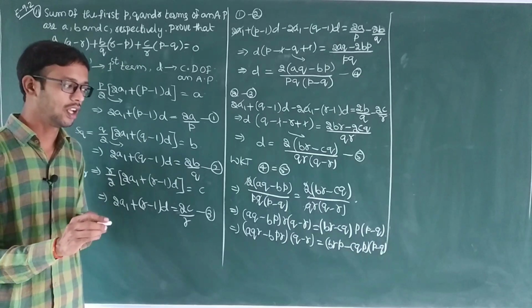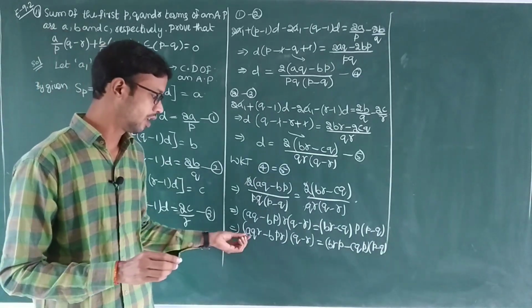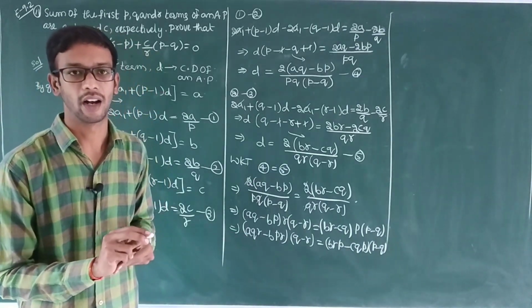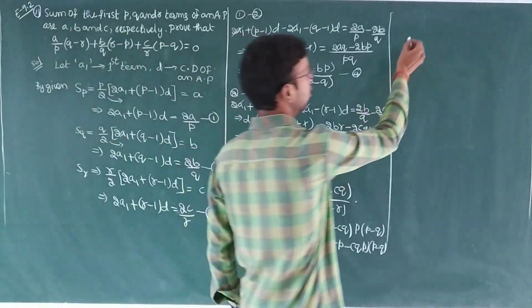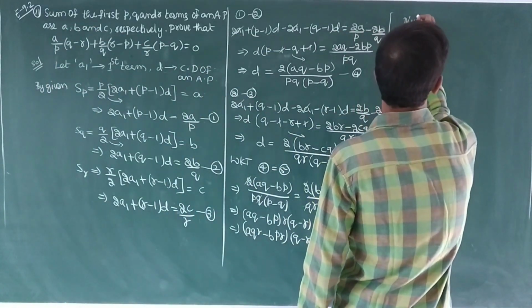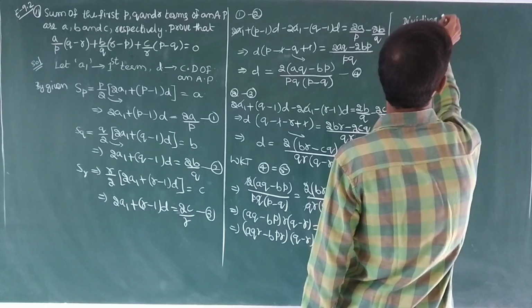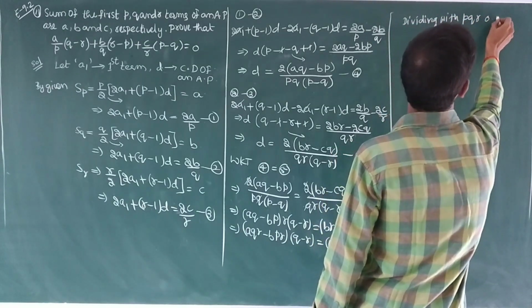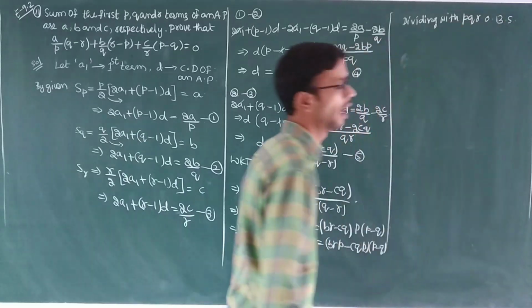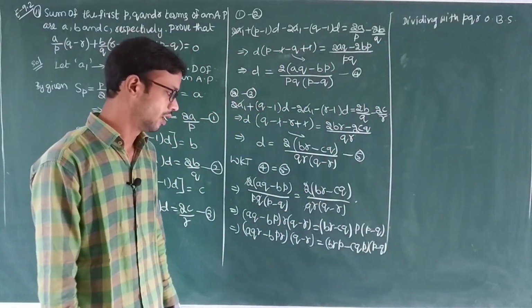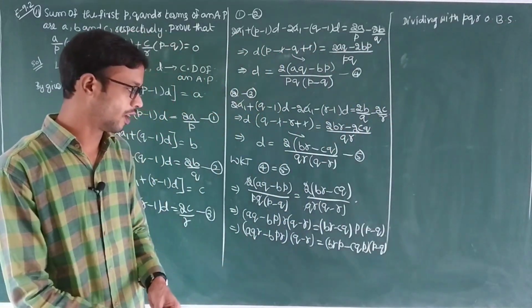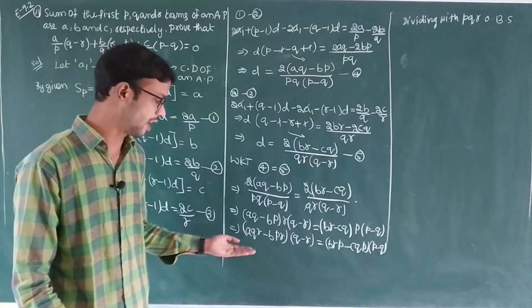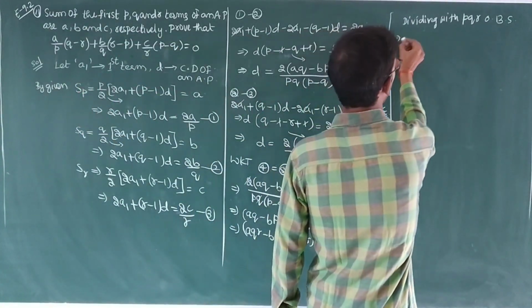Now we got some more values, but we have to show this one. For that purpose only, we divide with PQR on both sides. So what values will we get if we divide?